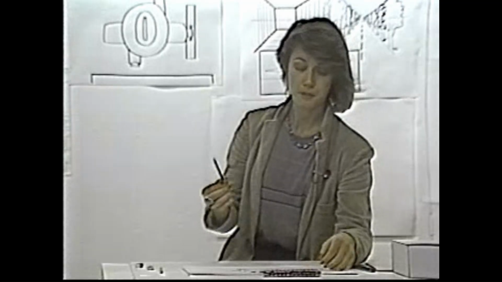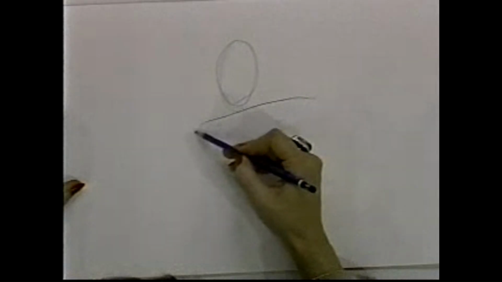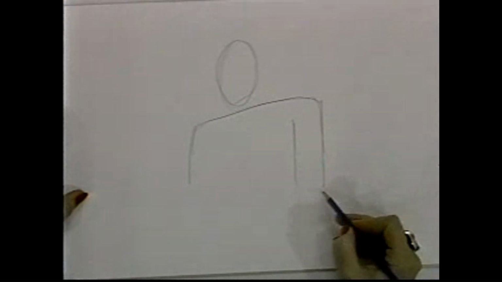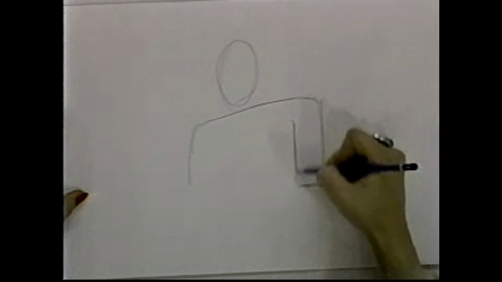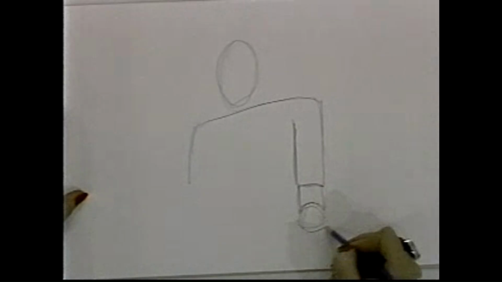Now, let me draw this for you so it becomes very clear. Here is the head, my shoulders, my upper arm, my forearm, and my hands.